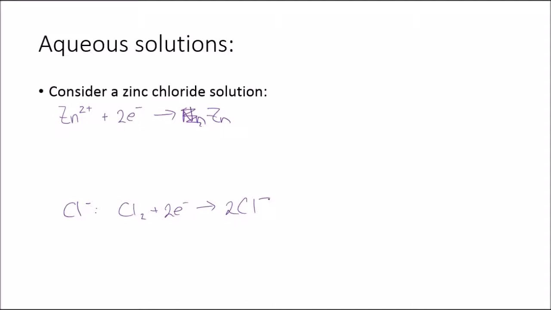So the potential there for the reaction of chlorine was 1.36 volts plus. The reaction of zinc is lurking down at minus 0.76.